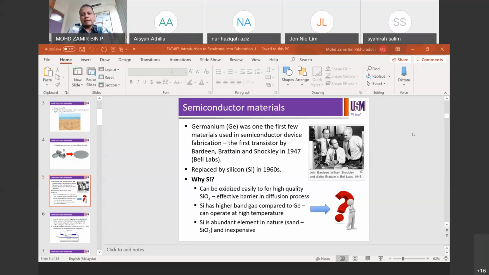Higher band gap means the material or the device can operate at higher temperature. Why is it so? Why can a higher band gap material operate at a higher temperature? Can you relate with 386 last time? Can you relate with thermal excitation?